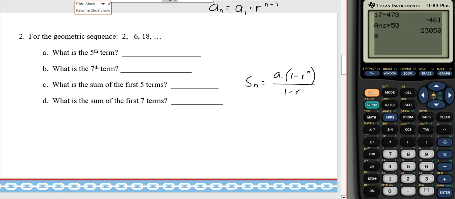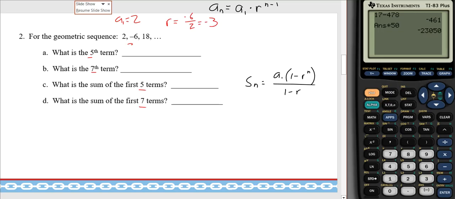So part A and B ask us to find specific terms that we are going to then use for parts C and D. For all of this, we have an A1 value of 2. These are going to be our n values. And then our common ratio is going to be second term divided by first term, which would be negative 3.